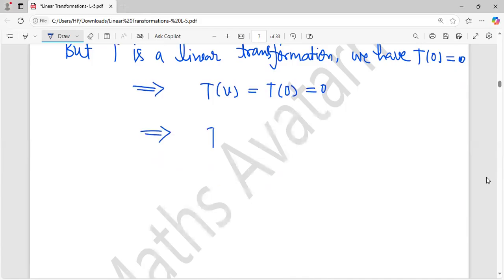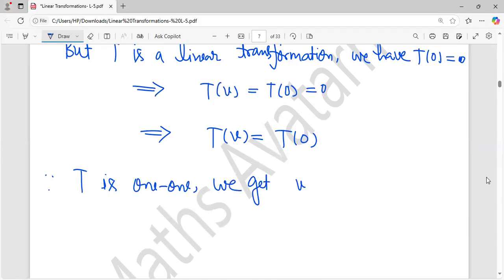Since T is 1-1, we get V is equal to 0. So the null space of T will be exactly 0, because any element taken from the null space is going to be 0, and 0 is contained in the null space. So the null space will be exactly 0.